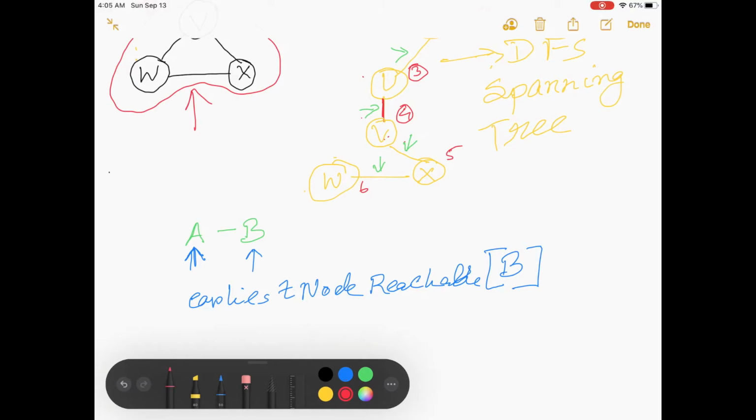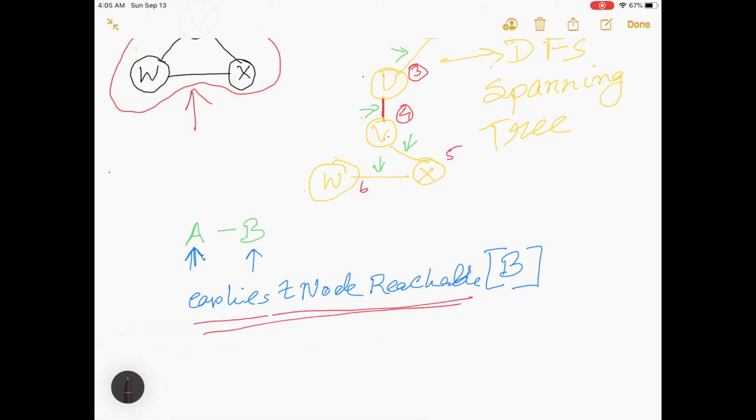So we need to check the earliest node reachable from B. We need to check the discovery time of that, whether it is less than or equal to the discovery time of A or not.